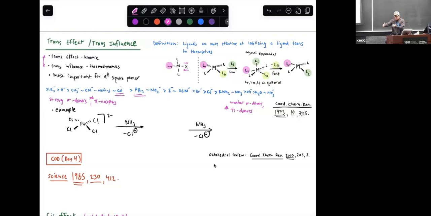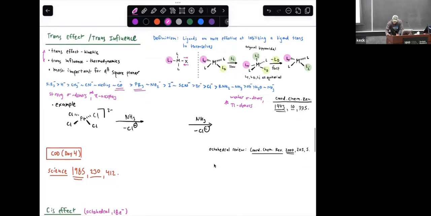Then there's this sort of tug of war for bonding strength. When the trans influencing ligand is forming a super tight bonding interaction and accepting electron density from the metal, that is weakening the opposite bond and causing that ligand to preferentially depart. Now, that is not strictly accurate, but as a first approximation, that's always been useful in the back of my mind. When you have this tug of war for electrons, one's bonding stronger, the other wants to go. So that's something that you can hopefully take away and use as a guide.